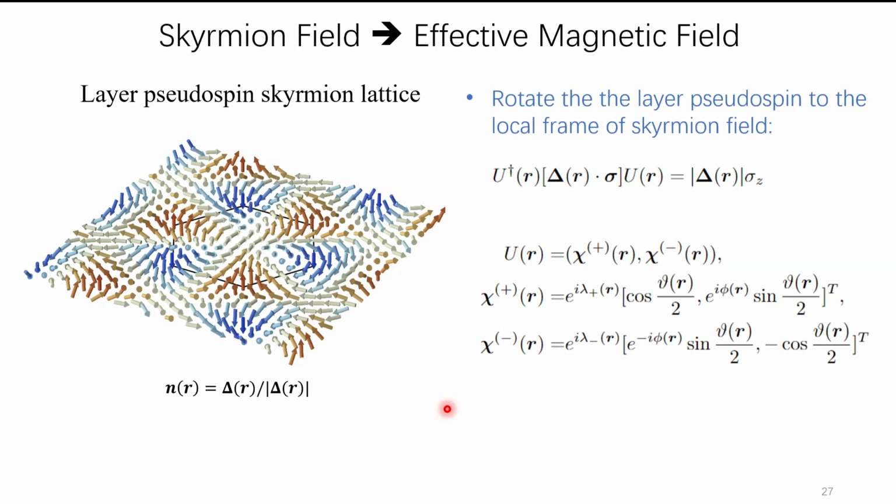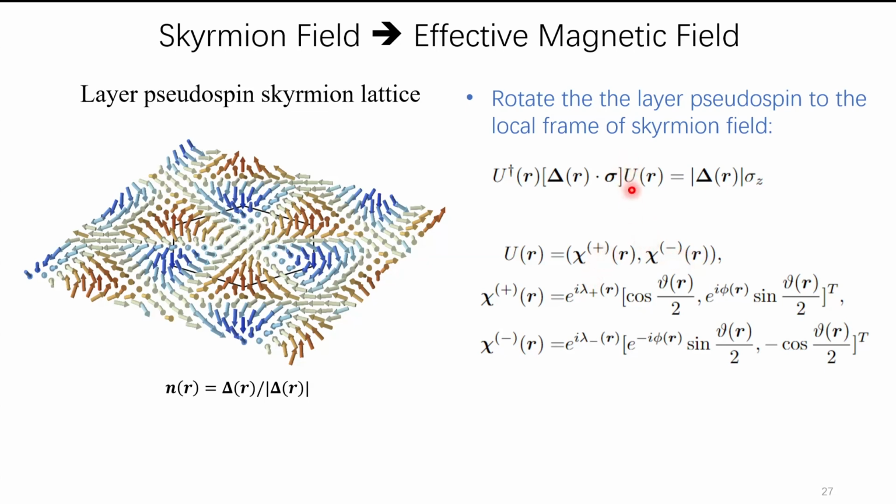So let me go back to this skyrmion lattice. We can rotate the layer pseudospin to the local frame of the skyrmion field. By this, I mean this unitary transformation U, where chi is a spinor that aligns or anti-aligns with the skyrmion field, depending on the plus sign or minus sign.